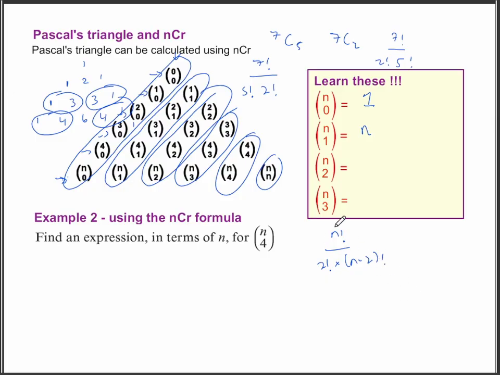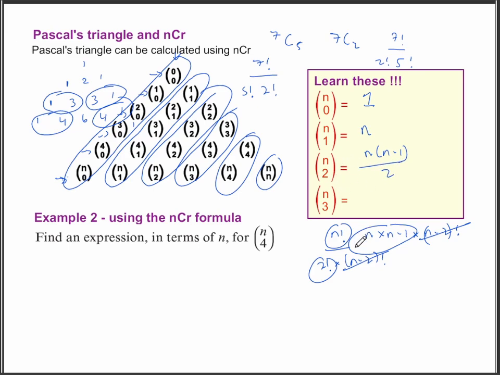But we should know that n factorial is just n times (n minus 1) times (n minus 2) factorial, because it's still going to go on, right? And these two will then cancel out. We'll end up with n times (n minus 1) over 2. That's going to be n choose 2.